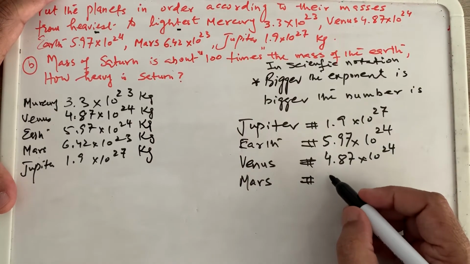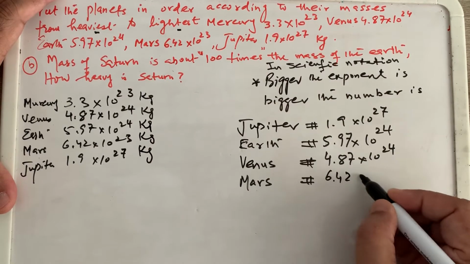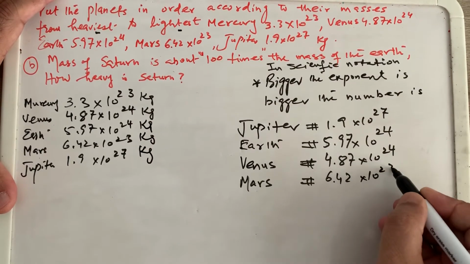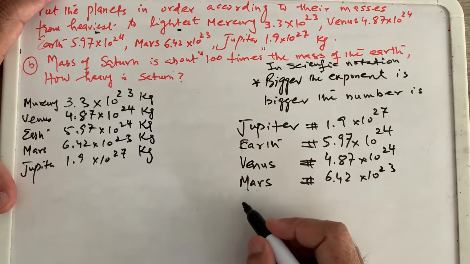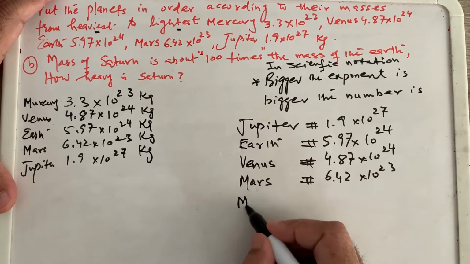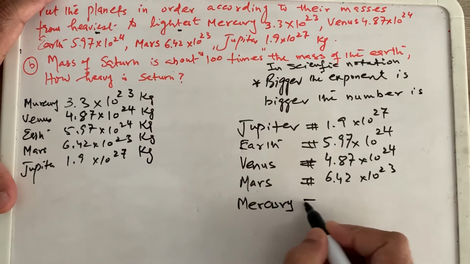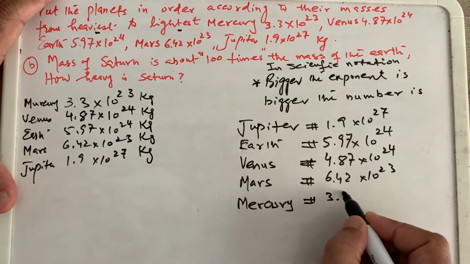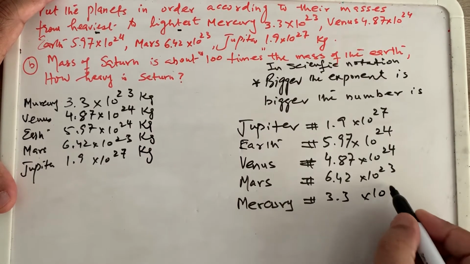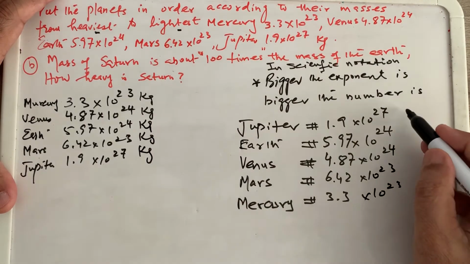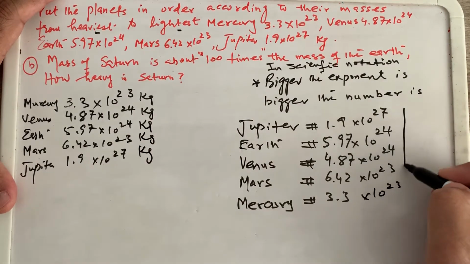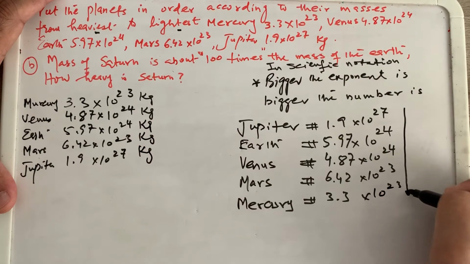Mars is 6.42 into 10 to the power 23. And the last is Mercury, which is 3.3 into 10 to the power 23. So this is what we have listed from heaviest to lightest.